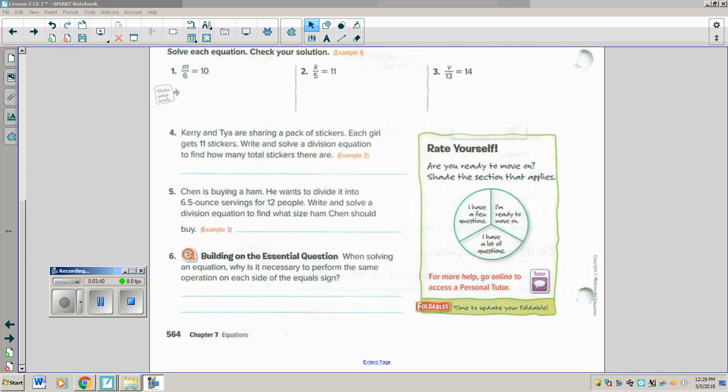On number 4, Carrie and Taya are sharing a pack of stickers. Each girl gets 11 stickers. There's 2 girls. There's 11. Do you know the answer already? I would think so. So we're dividing something by 11, and that could equal 2.